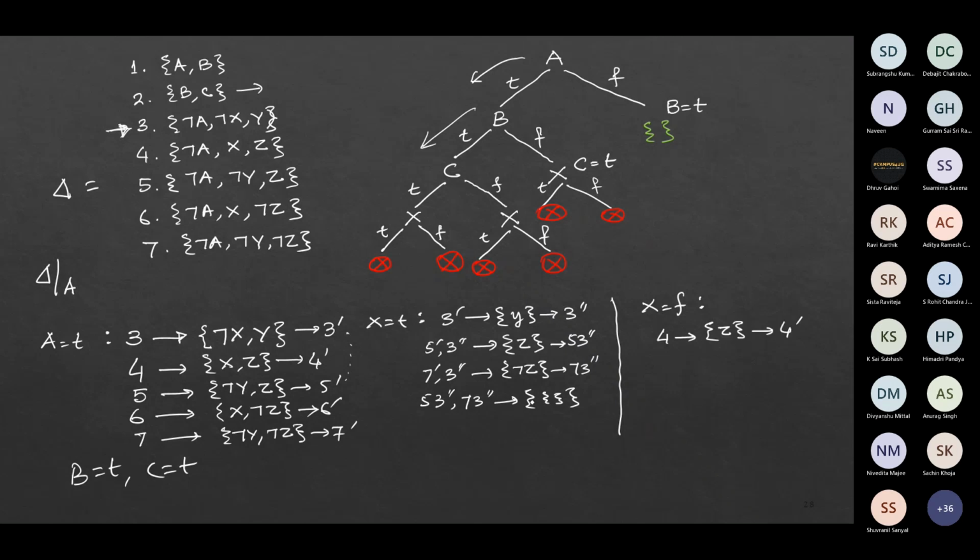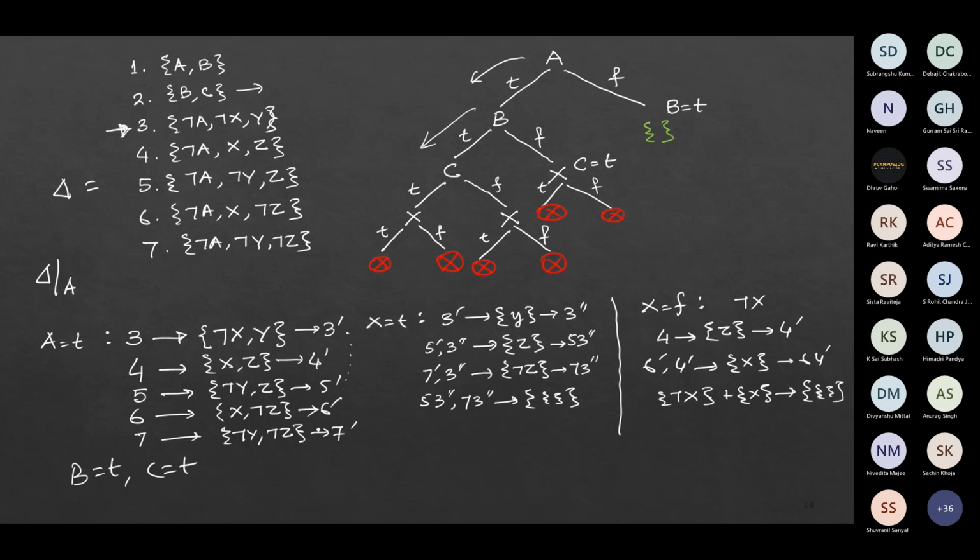Let us name this 4 prime. So we have 6 prime and 4 prime. If we combine them, we'll get X. Let us name this 6 4 prime. And we know that we already have not of X here. So not of X, combined with X, gives us a contradiction.